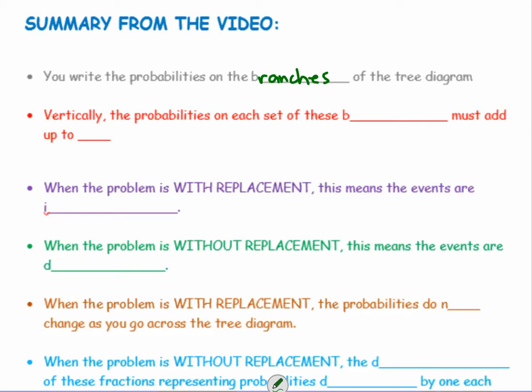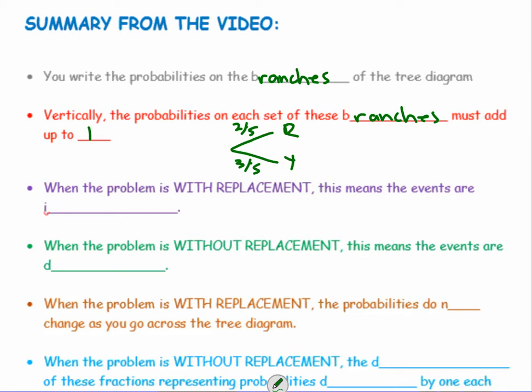Next one. Vertically, the probabilities on each set of these something must add up to something. So each set of these branches from the first question. For example, if you've got red and yellow, what must these two probabilities add up to? They must add up to 1. So, for example, you might have 2/5 on this one, so you've got to have 3/5 on the one below.